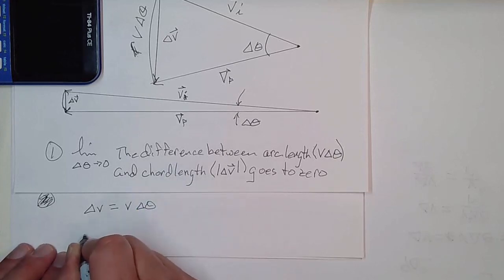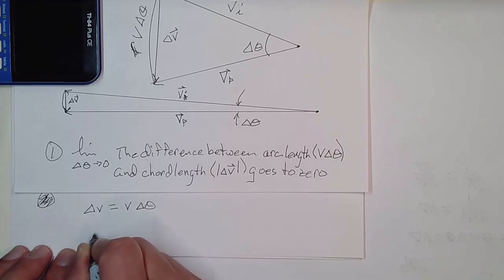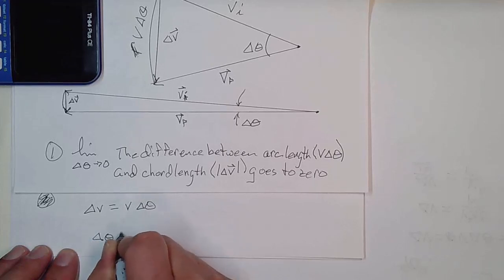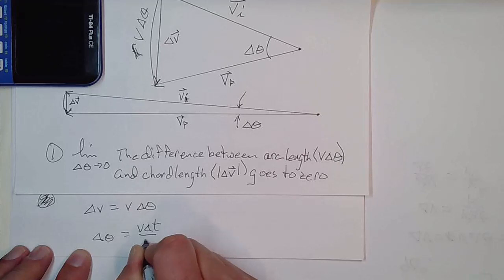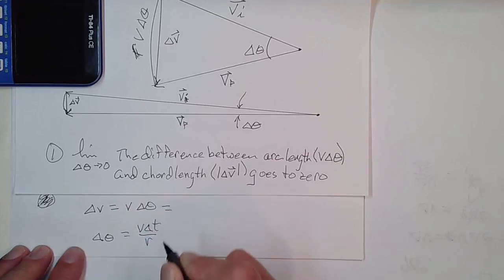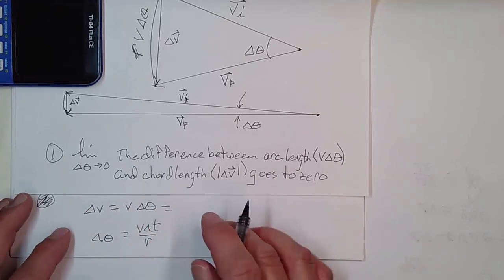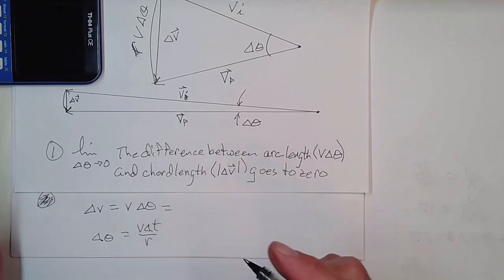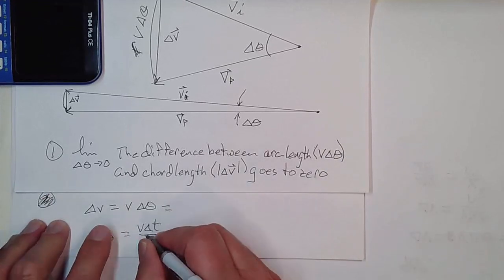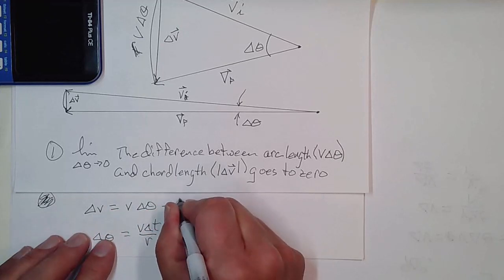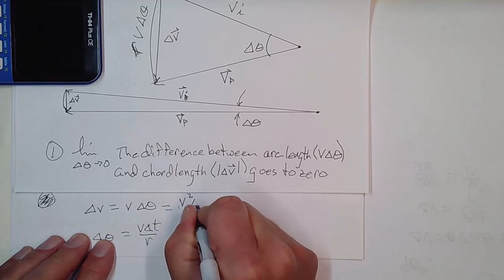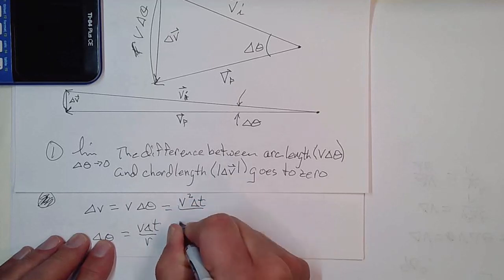And from before, way back when we were considering the simple triangle, or the other triangle, we had that delta theta was equal to V delta T over R. Okay. So I know this is just throwing a lot of math at you, but we're going to end up with something that's not too bad. So if I take delta theta, which is this thing, and multiply by V, I get V squared delta T over R.